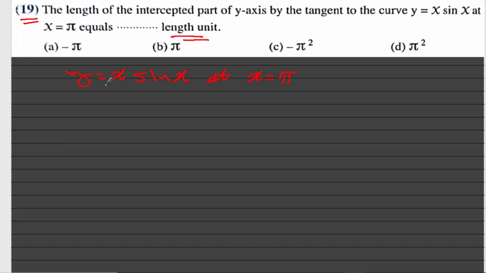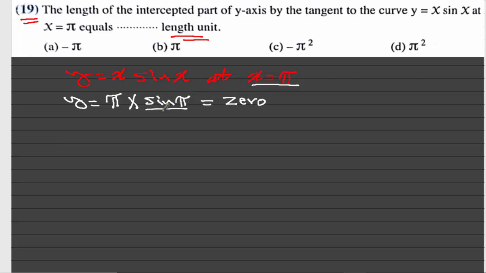Okay, so we have y equals x sine x. So at x equals pi, we can deduce the y coordinate. So y equals, substituting x equals pi, pi multiply sine pi, equals 0. Why?